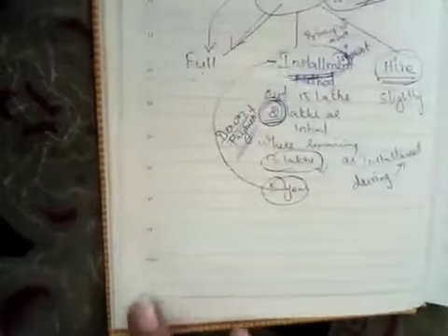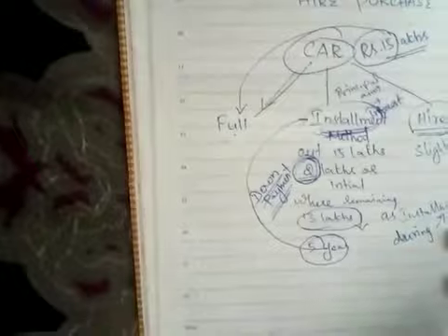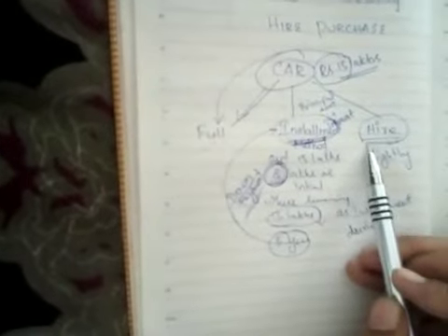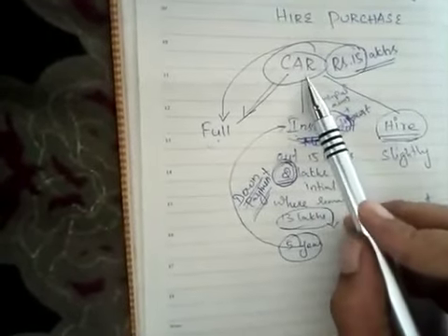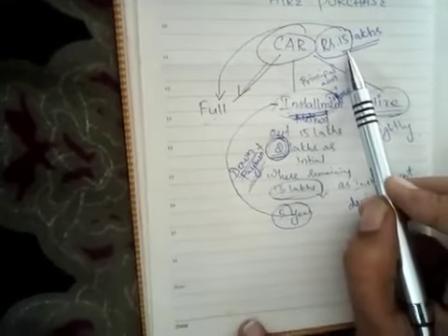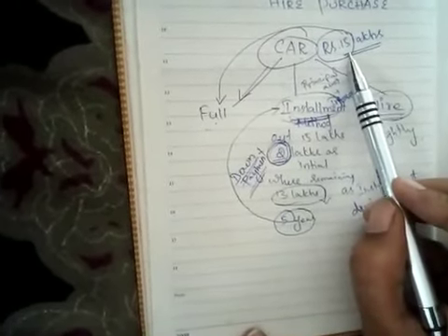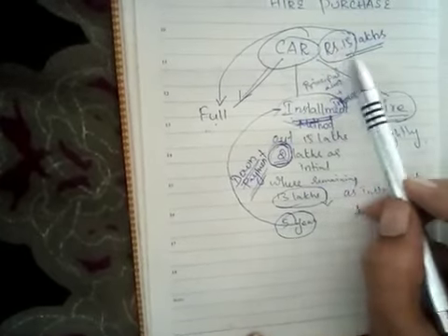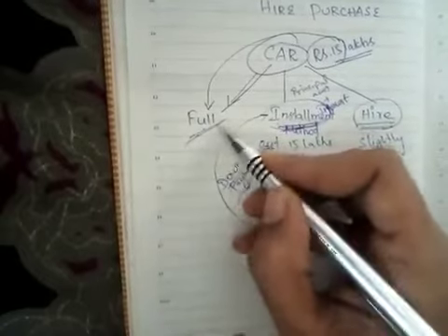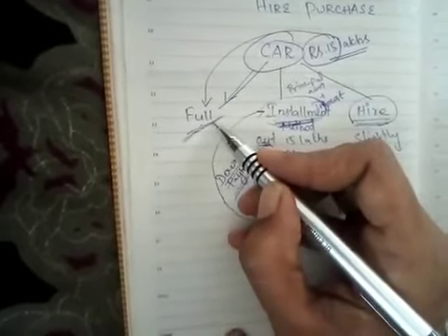These are the two major differences between the installment system and hire purchase system. Let me give another simple summary. There are 3 modes of buying a product. Here we have taken a product, a car, worth rupees 15 lakhs. If I pay the total amount of 15 lakhs, it comes under full payment and full settlement of purchasing a car.